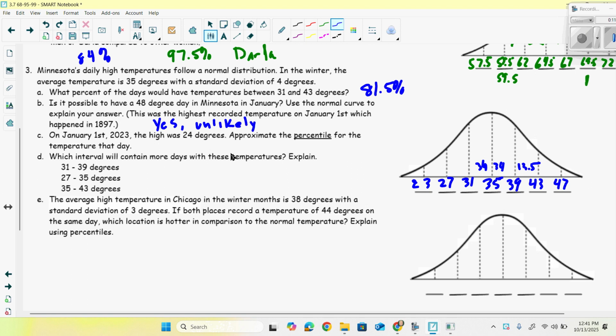On January 1st, the high was only 24 degrees, so that's somewhere in here. Remember, this is a 0.5 and this is 2%. So in order to find out the percentile for this, what we can do is do kind of a proportion here. So we know we have 0.5% that are lower than 23, and then 24 is one of these 4 degrees.